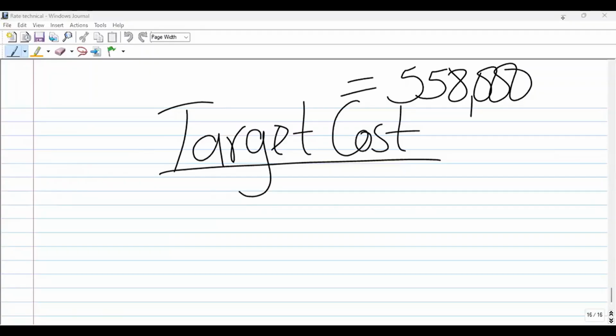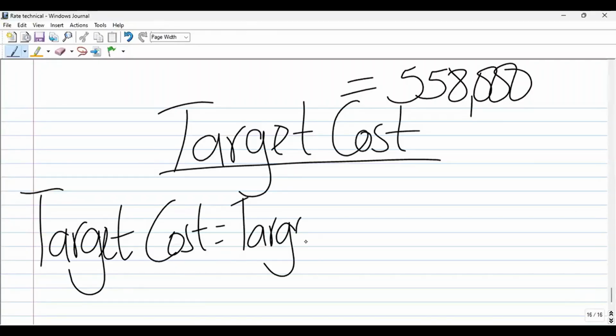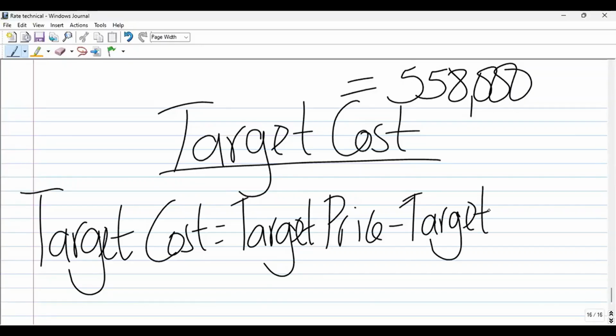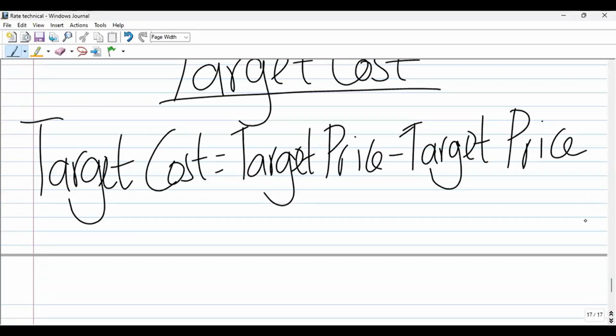So target cost is equal to target price minus the target profit. The target price is the price determined by the customer, or in a question, it is the ruling market price.